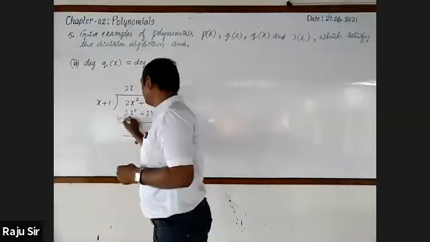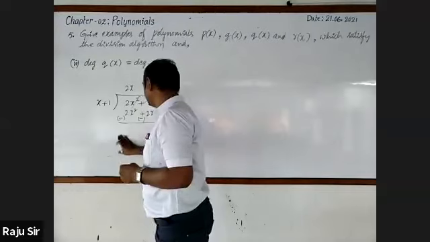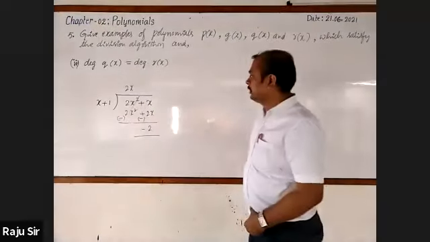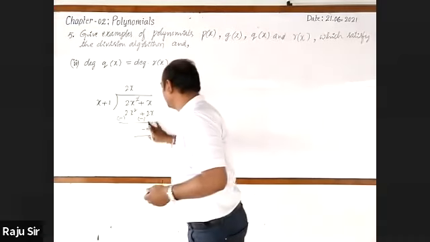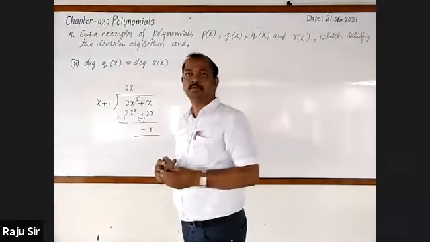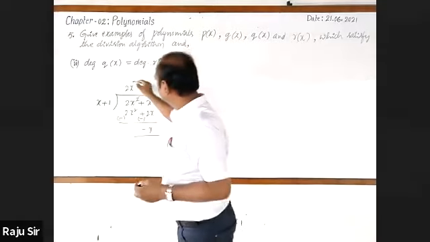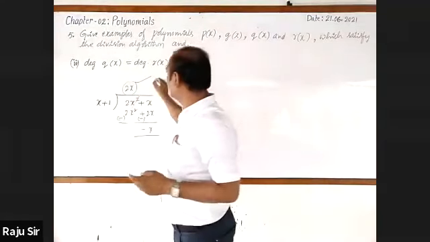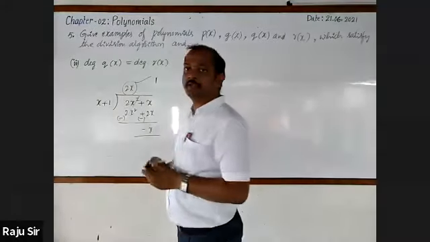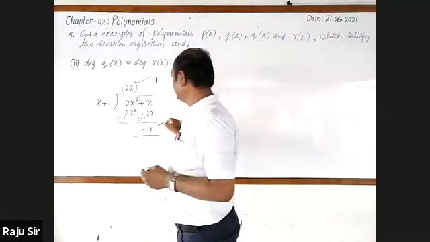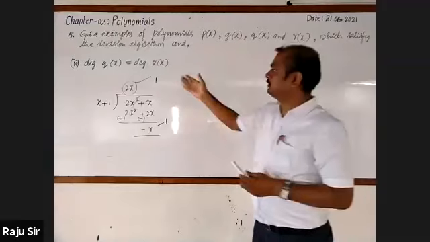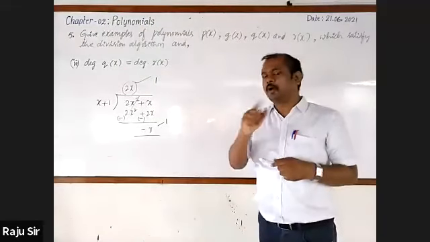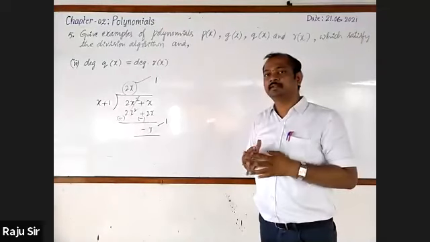On the side, minus minus get cancelled. It will be, sorry, minus 1x. What is the degree of Q of x? 1, sir. Degree of R of x? 1, sir. This condition holds. Under what condition can we take like this?